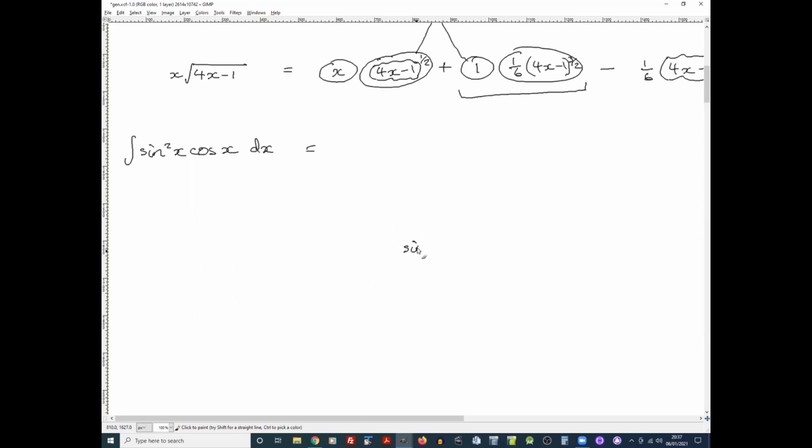Okay. So if we're integrating sine squared x with respect to sine x, you would get a half sine x squared times, I mean sine x all squared.